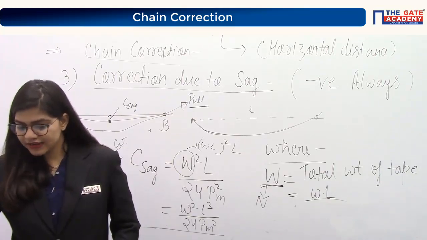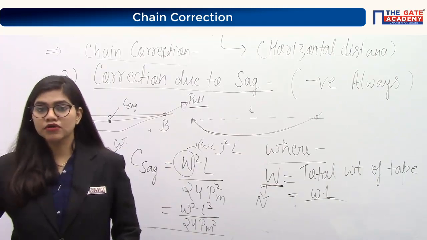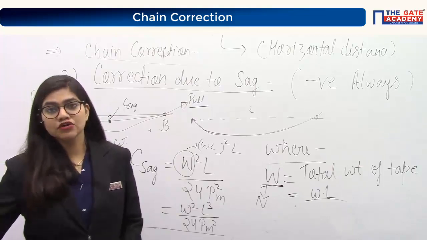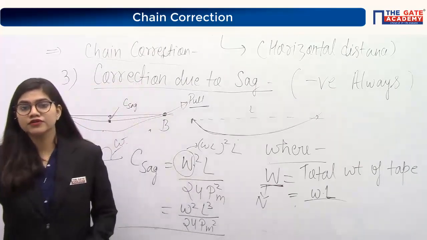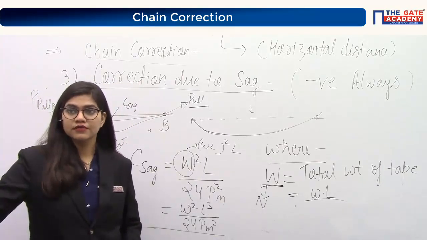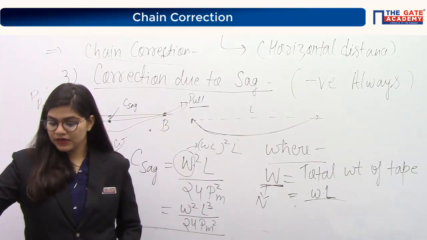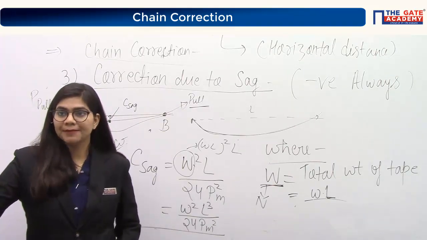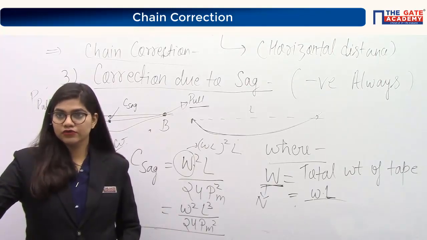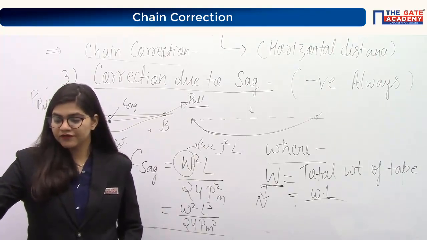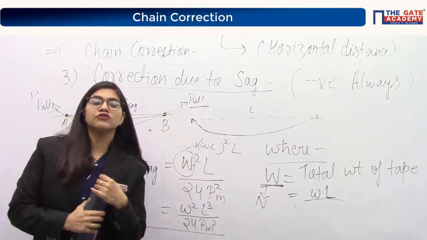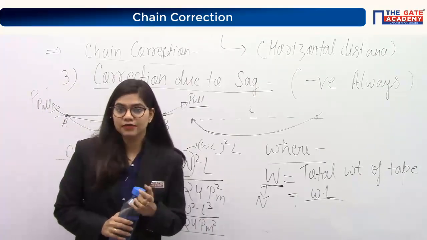I'm just repeating the question. The cross-sectional area of tape is 0.0675 centimeter square and capital E is equal to 2 into 10 to the power 6 kg per centimeter square.